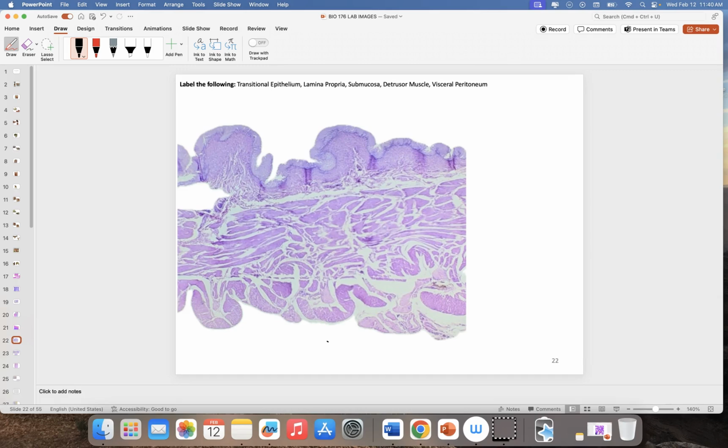That means we need to find the apical surface. And if we think about epithelium and where that tissue is located, epithelium is always going to face some sort of a space. This could be an external space or internal space.